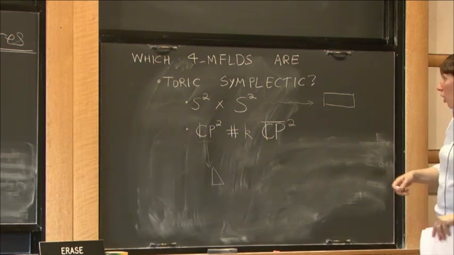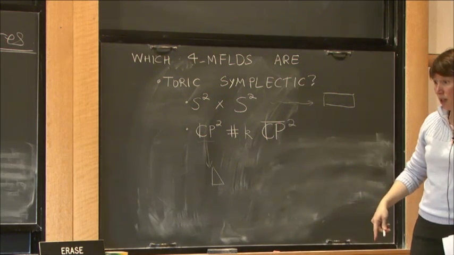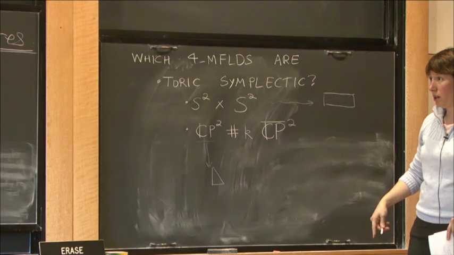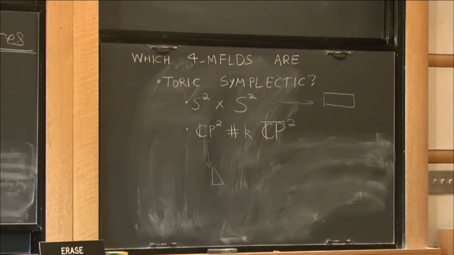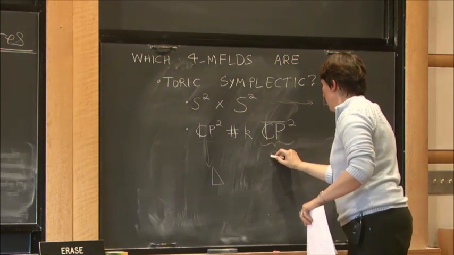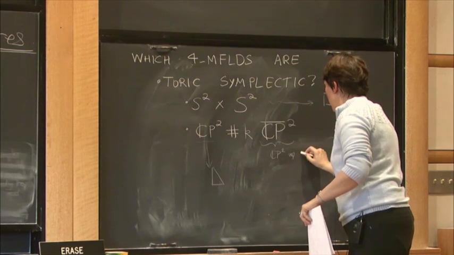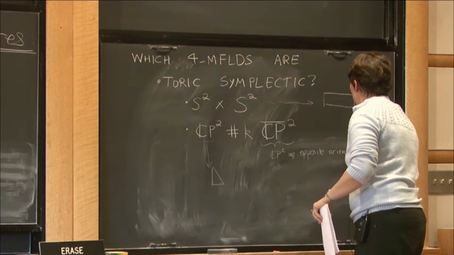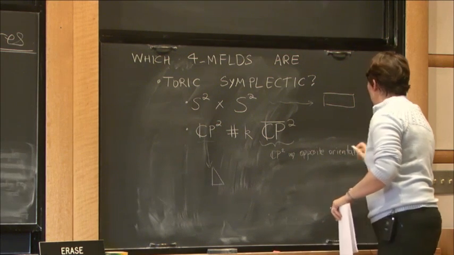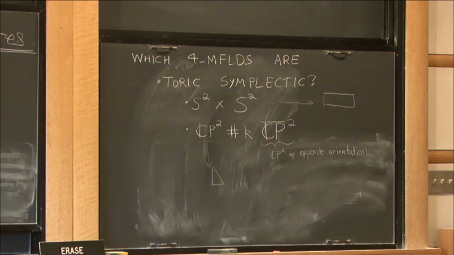The bar means I take the opposite orientation. It turns out that CP2 itself with the opposite orientation is not symplectic.